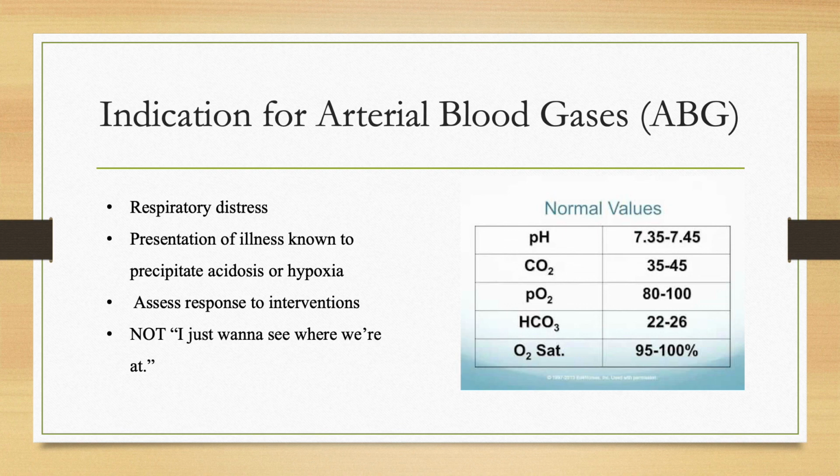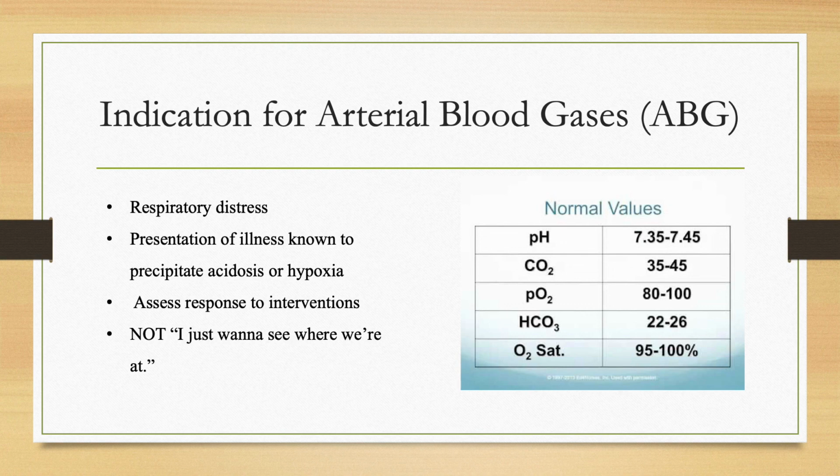So just dropping from 22 to 20 can move your pH a lot with just an increment of 2 compared to maybe a CO2 where that would take 10 points to drop your pH to 7.30.